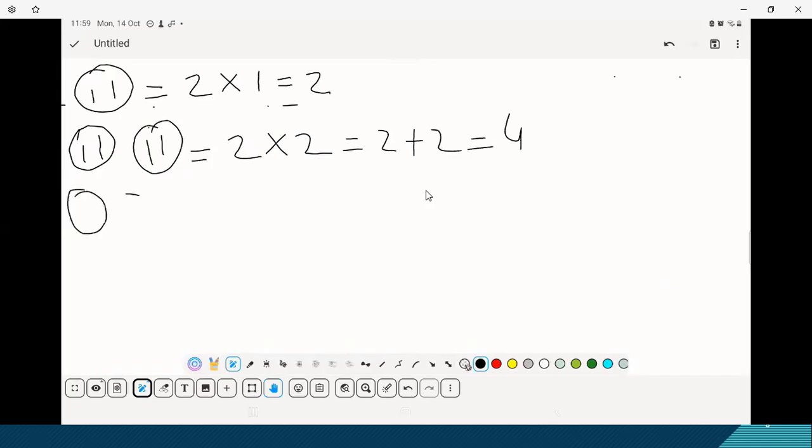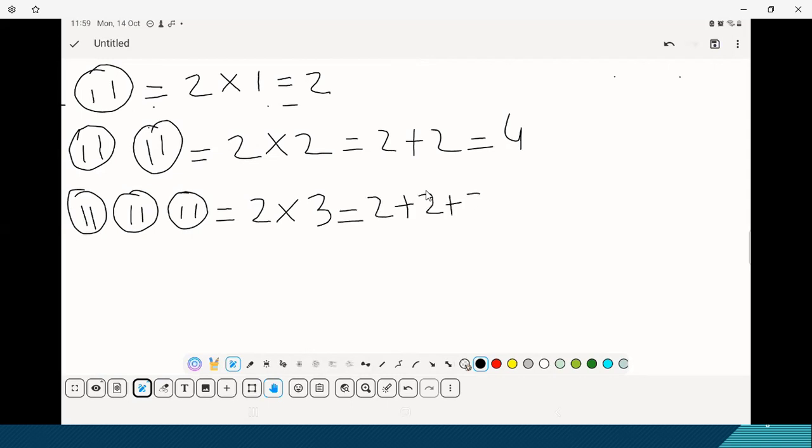Then how many hands do 3 persons have? That will be 2 into 3, that will be 2 plus 2 plus 2, which is equal to 6.